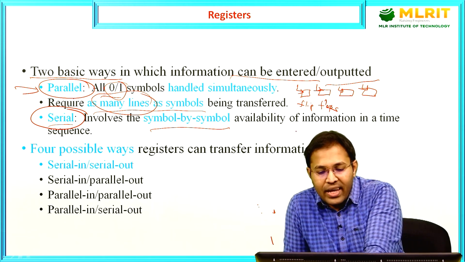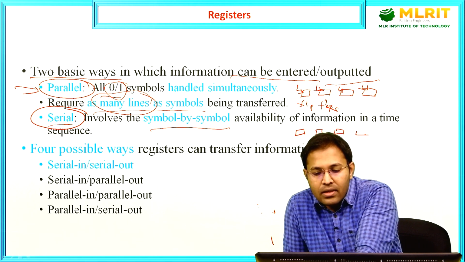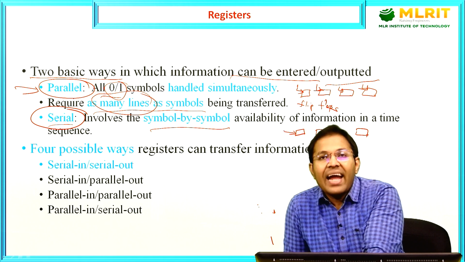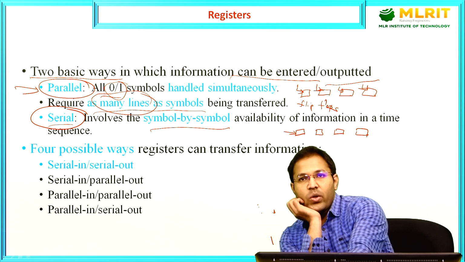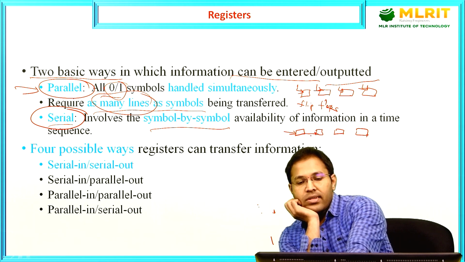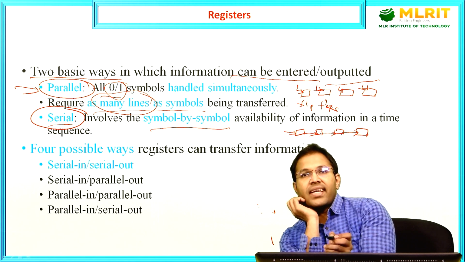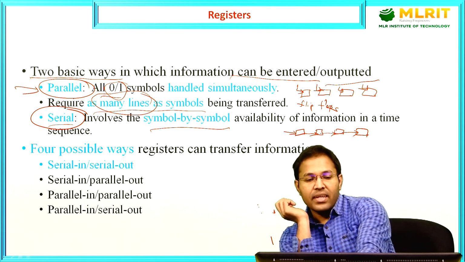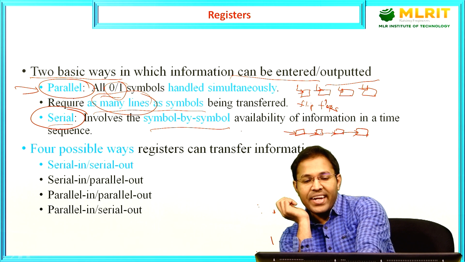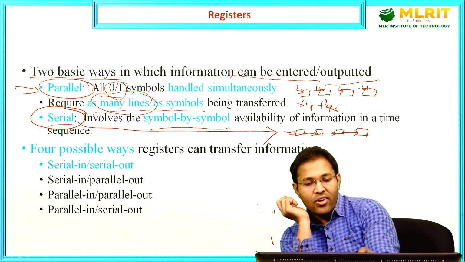If you have again say 4 flip-flops and you enter data at one end only, and this output acts as input to this, and this output acts as input to this, and this flip-flop output acts as input to the next flip-flop, such a situation is known as serial entry of data.